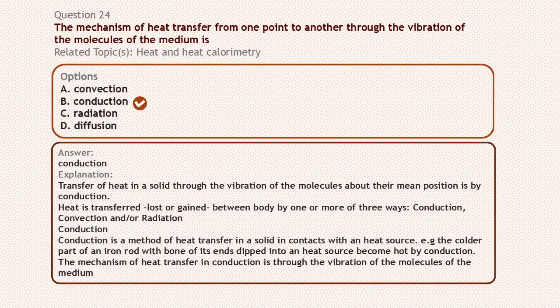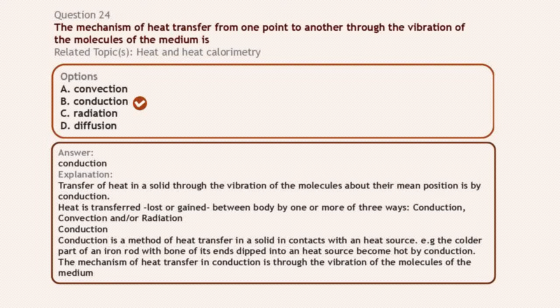If a solid is in contact with a heat source, for example, if you put a metallic spoon inside fire, basically in contact with a heat source, you notice that over time the other part of the spoon that is not even in the fire, or not touching that heat source, will also become hot. That is due to the transfer of heat through the vibration of the molecules of the medium.